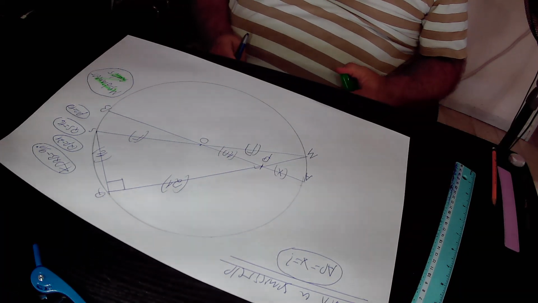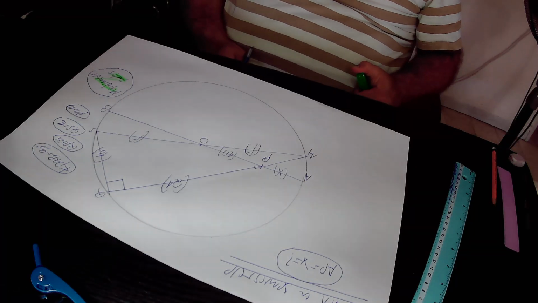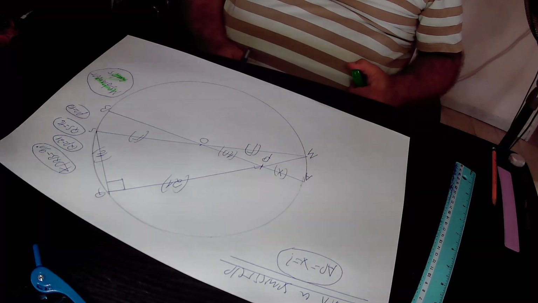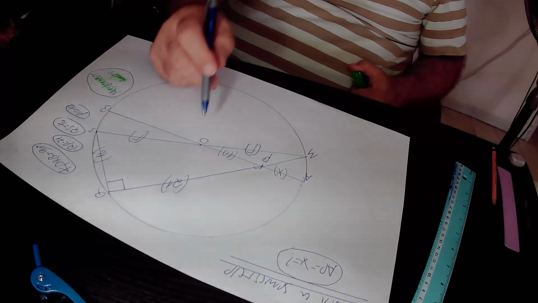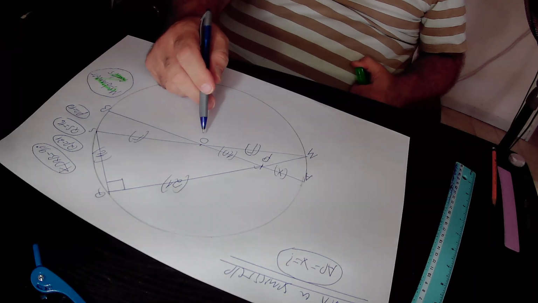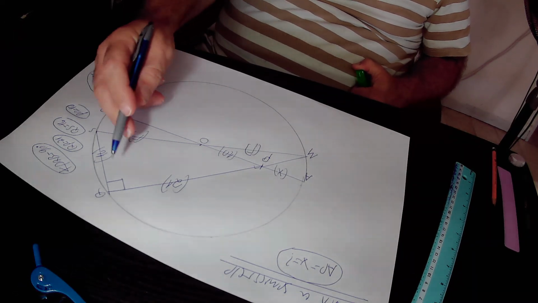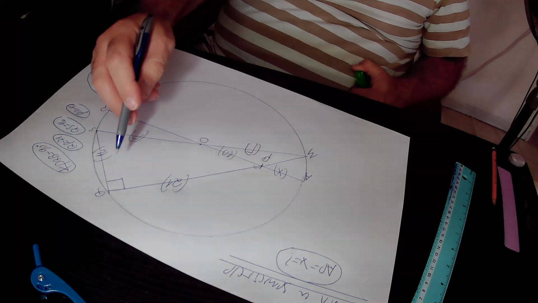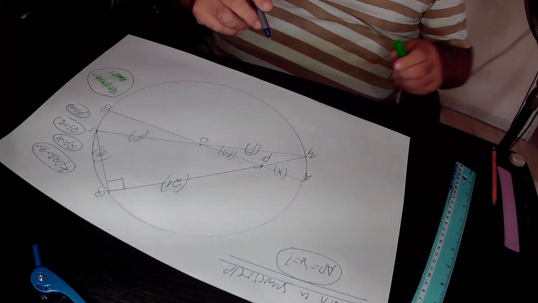In the next step, we will do another construction. That is to say, from point O, that is the center of this circle, we will draw a perpendicular to QP. Again, from point O, we will draw a perpendicular to QP.